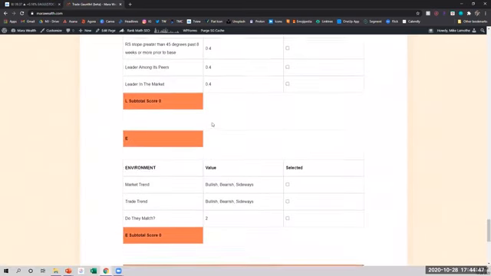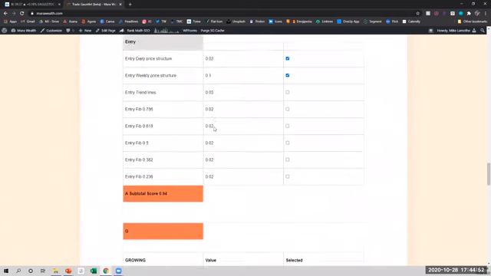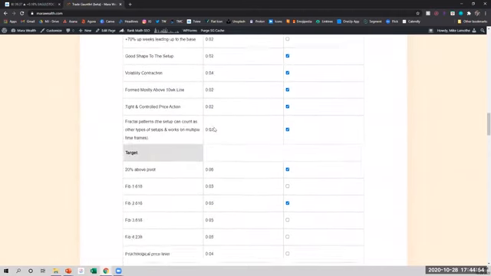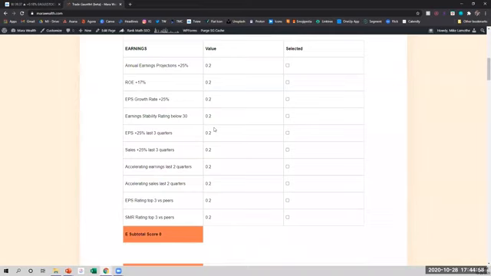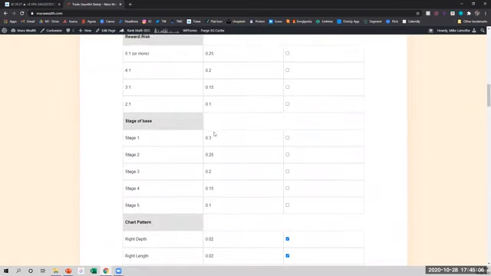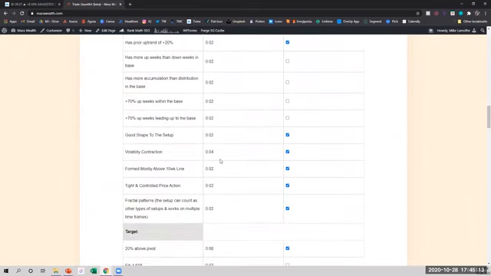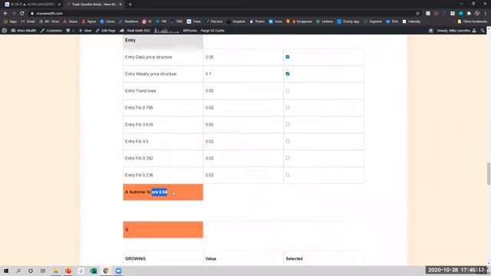There are all these other criteria for a leader: how is it fundamentally, how is the growth, is this a game changer or not, taking all those things into account. But just as far as the setups go, to pick apart the setup, this one has about half of what we're looking for with that kind of a score.